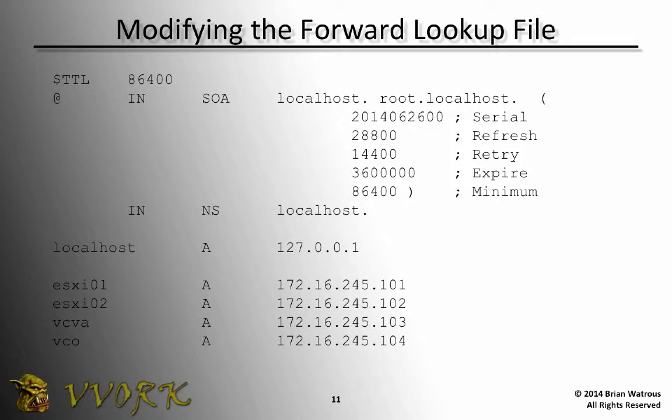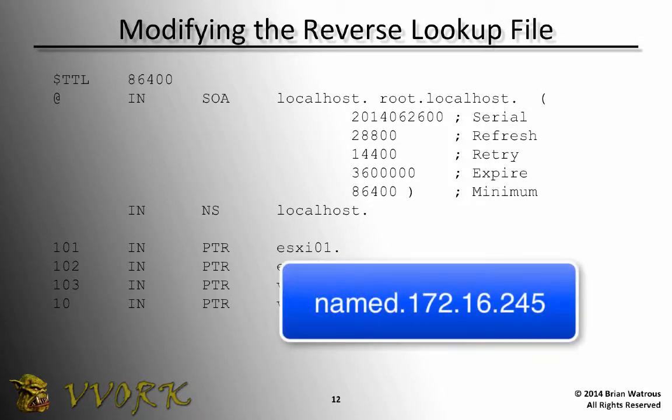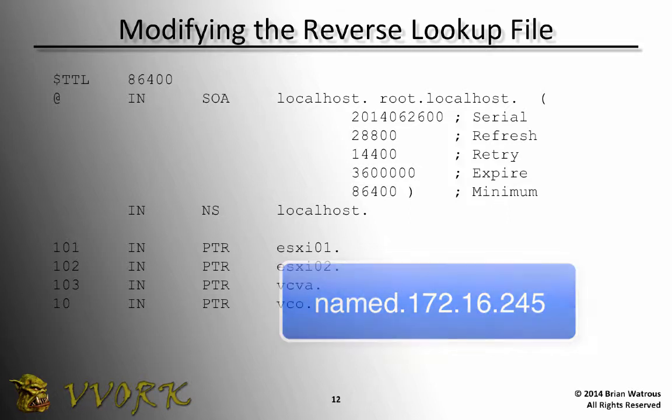Alright, so that's the forward lookup file. The reverse lookup file, which again you'll recall I call named.172.16.245, is just the opposite of the forward lookup file. So whereas the forward lookup file has A records that allow us to map from a name of a machine to its IP address, the reverse lookup file does just the opposite.